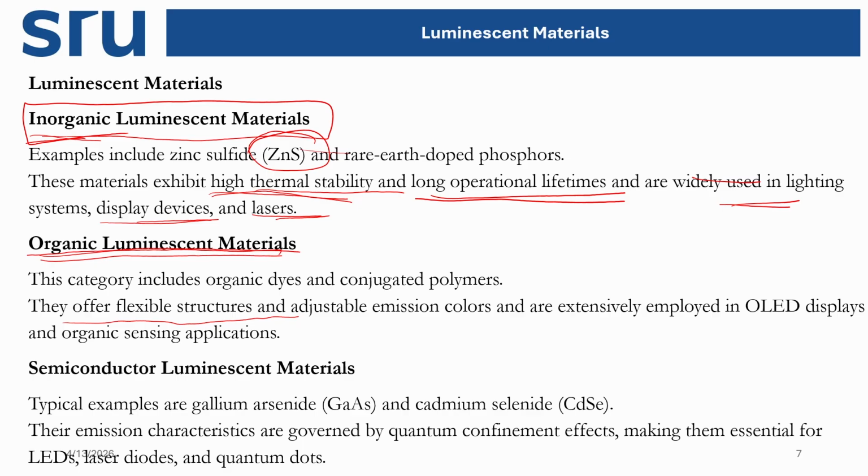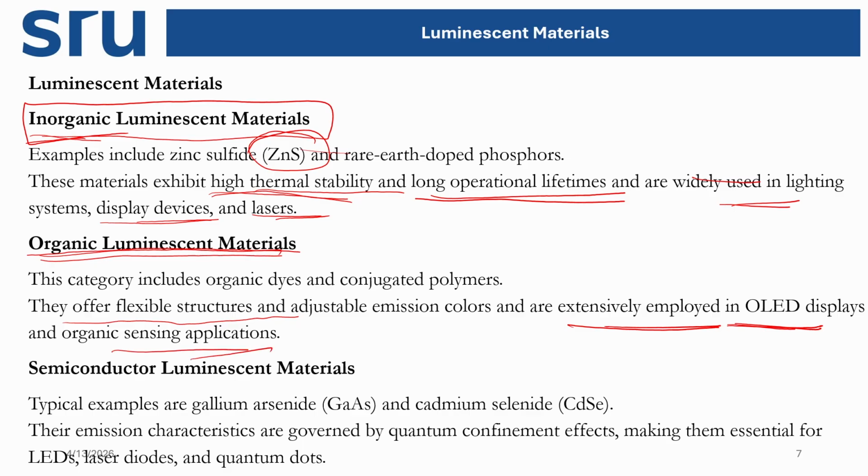So that's how it is much better than the inorganic compound, where you can modify the compound structure, or manipulate the band gap. It is extensively used for OLED displays and organic sensing applications.